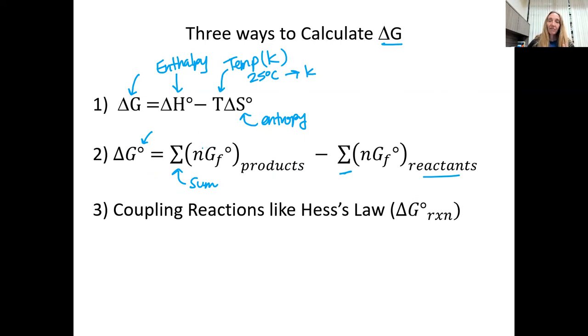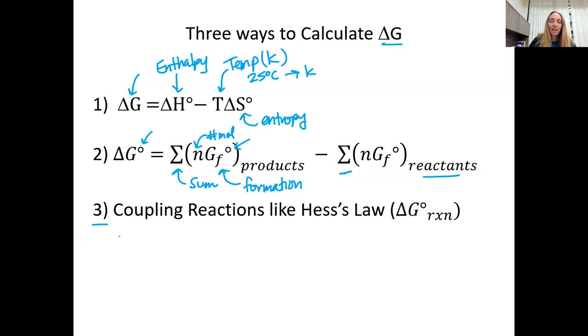That information includes n, the number of moles, times this Gf naught value, where naught is standard conditions and Gf is the Gibbs free energy of formation. So we're looking at how all of the products are formed and how all of the reactants are formed. I'll talk a little bit about that later.